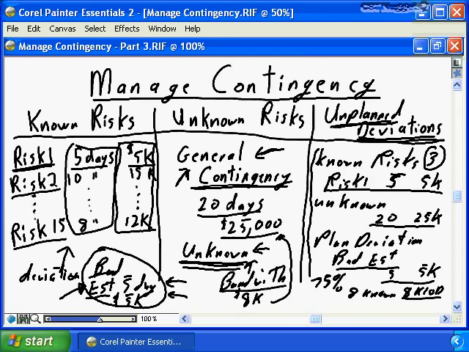You may have only consumed 10 days and $12,000 of the actual unplanned contingency, that in fact you can start to apply contingency funds against planned deviations.